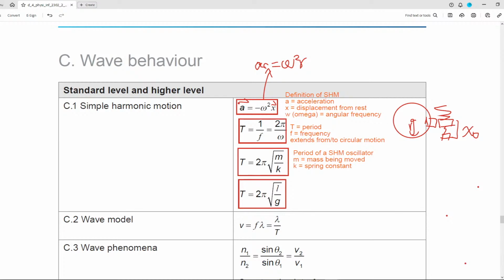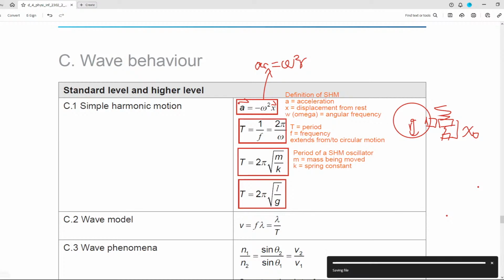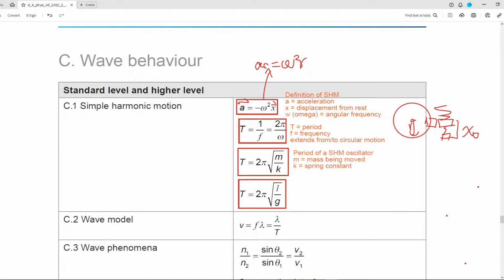You'll never have to deal with a complicated pendulum unless they're asking you qualitatively what's going on. I digress. Still waiting for the PDF to respond here. But for a pendulum, you'll notice that the formula only depends on the length and gravity. Oh, there we go. Length and gravity, which means it does not depend on the mass.